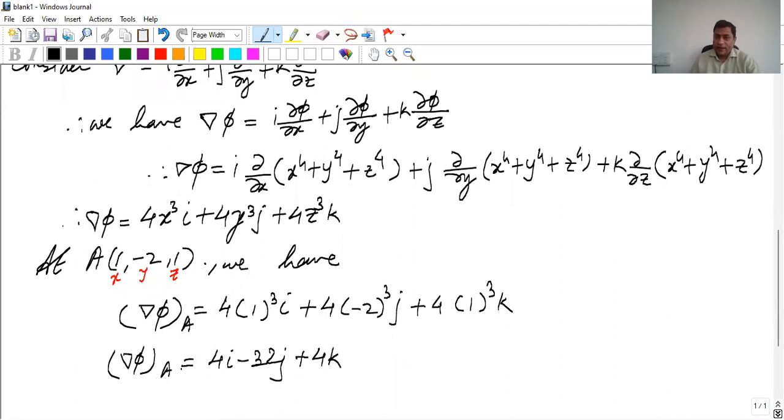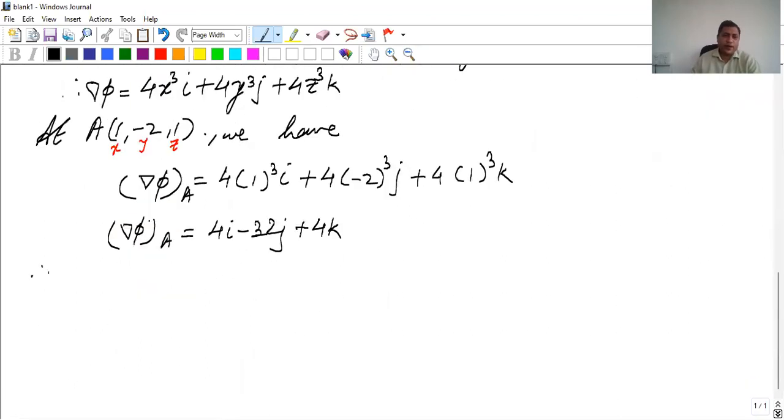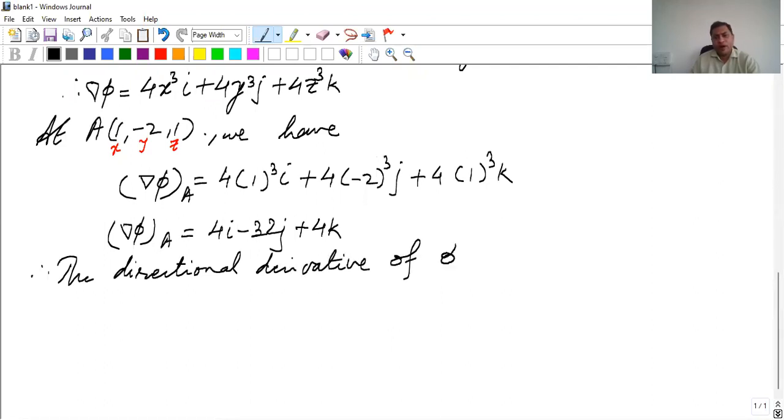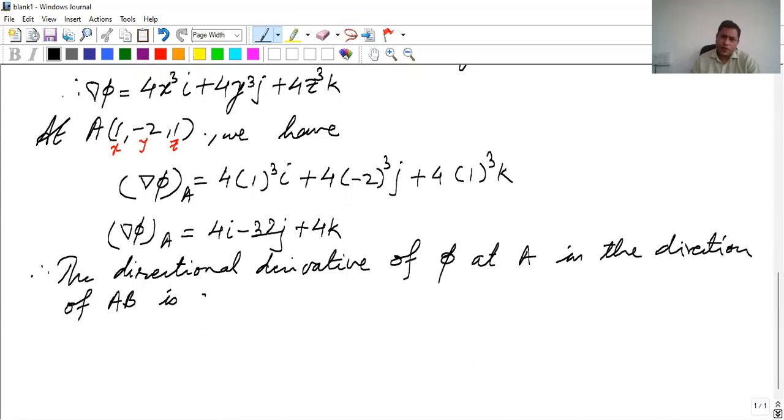So we got the value of del phi at A. And now we have to consider the directional derivative of phi at A in the direction of AB, which is given as del phi dot A bar upon the mod of A bar.